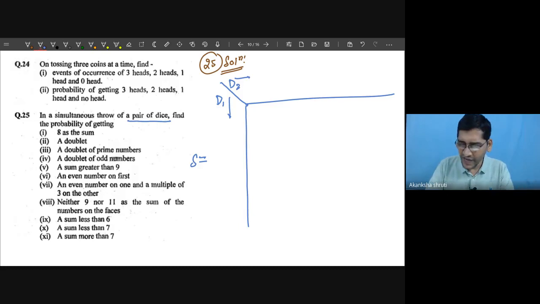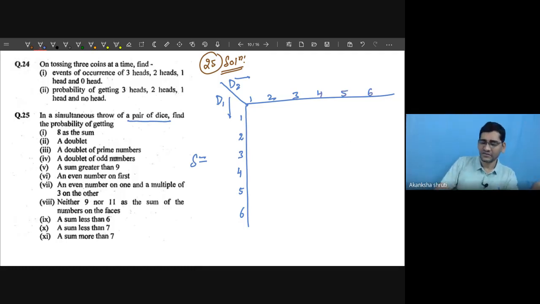The numbering over die 1 is 1, 2, 3, 4, 5 and 6. The numbering over die 2 is 1, 2, 3, 4, 5 and 6.